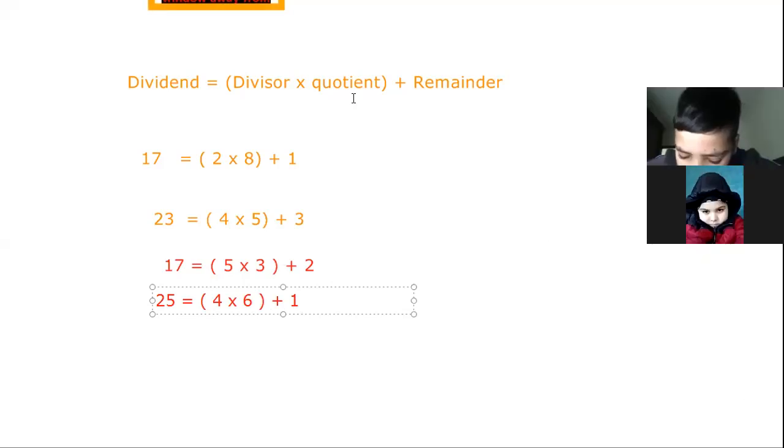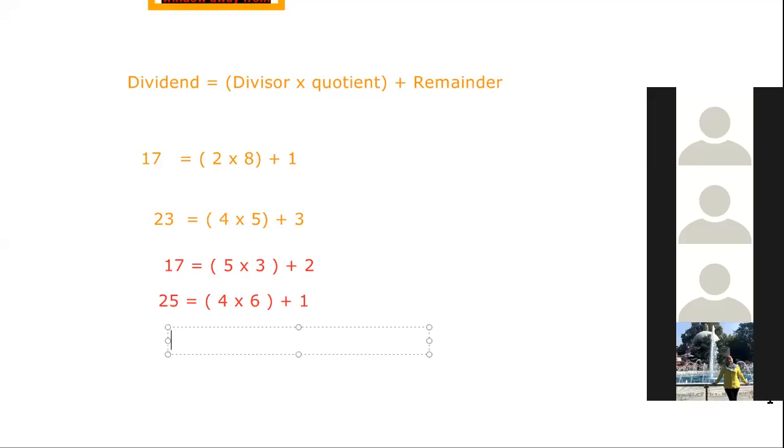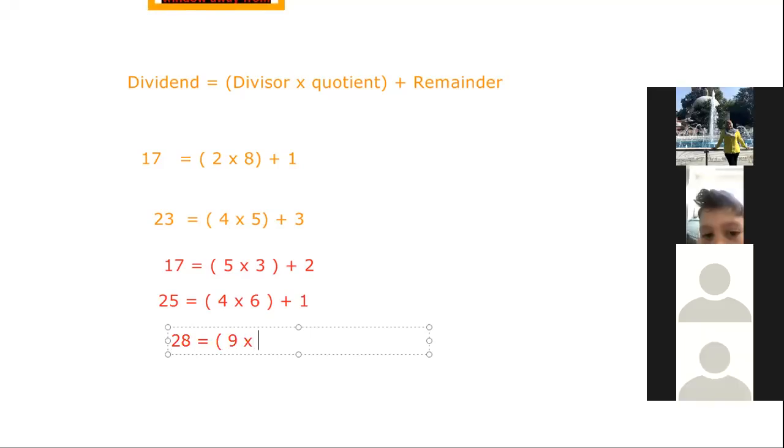Ali Fawaz, the others mute yourself. Ali, are you able to unmute yourself? Yes, I just had a problem with the internet. Okay, Ali. So if I have 28 and the divisor is 9.